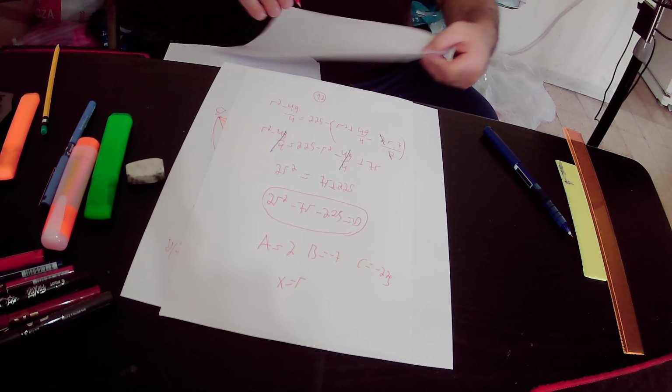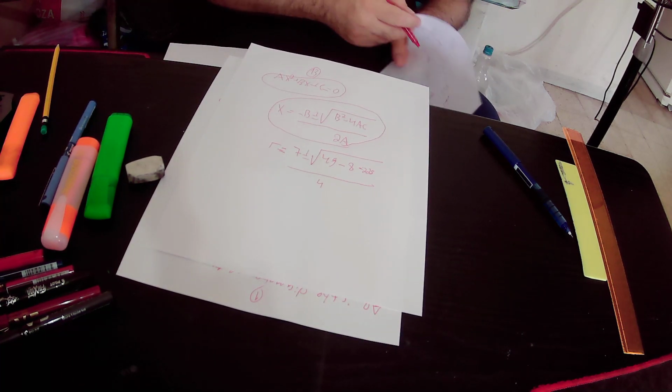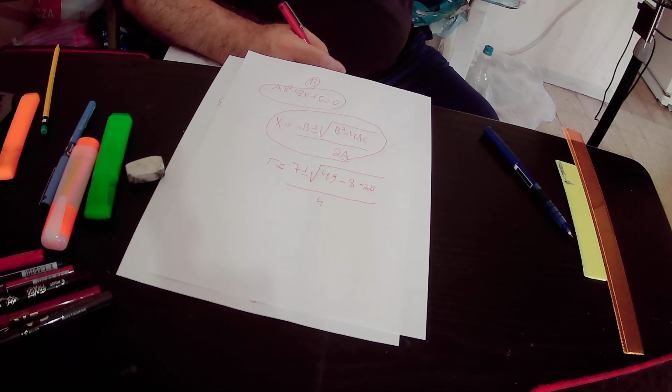So in total we got to this equality that r equals the root of 49 times minus 8 times minus 225 over 4.